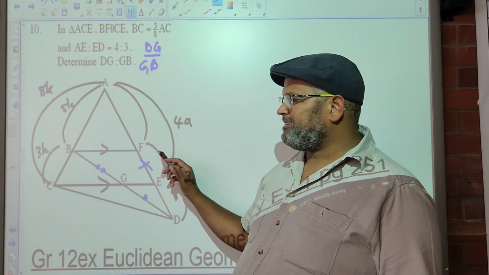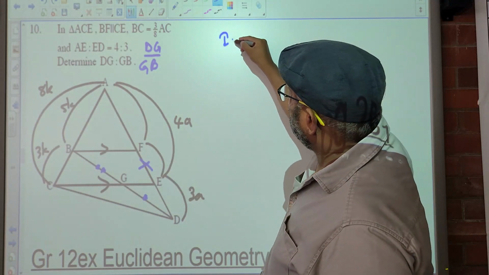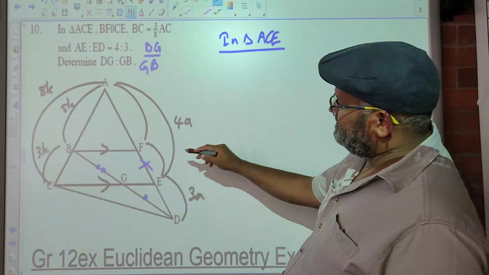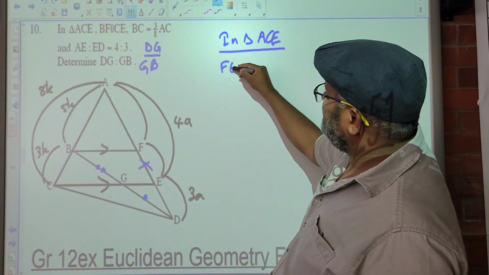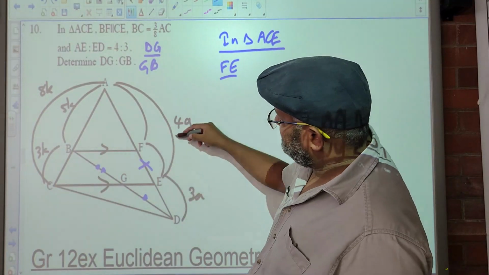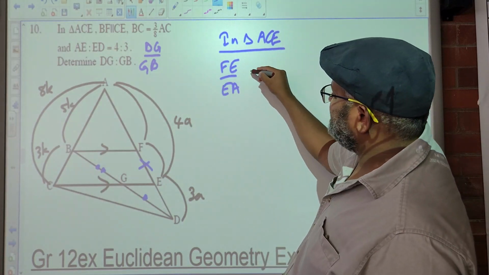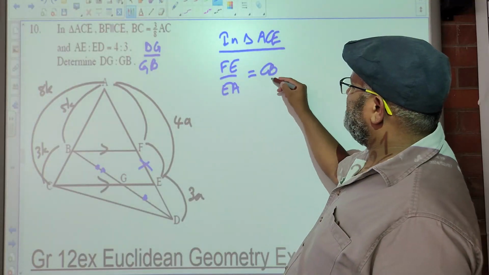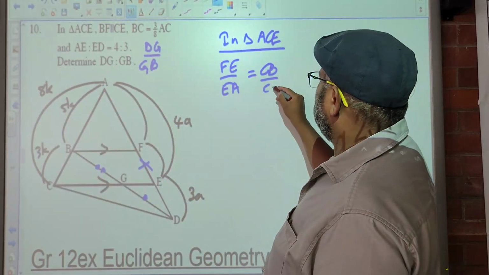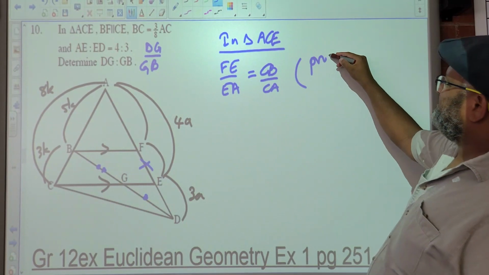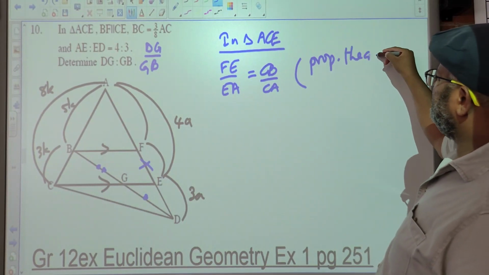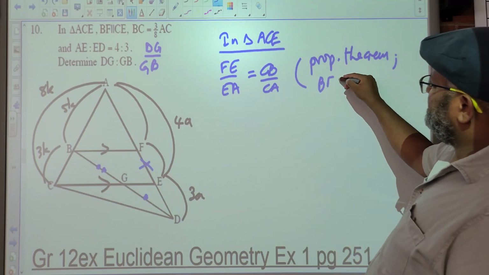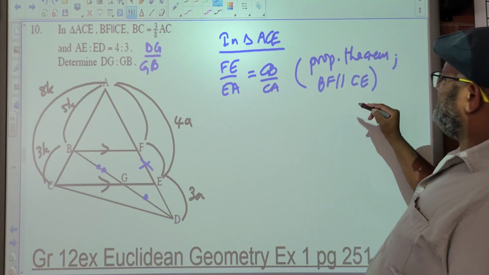2 unknowns there. So I'm going to go in triangle ACE. Do I have to say this? No. So I say FE over EA is equal to CB over CA. Why? The proportionality theorem with BF being parallel to CE.